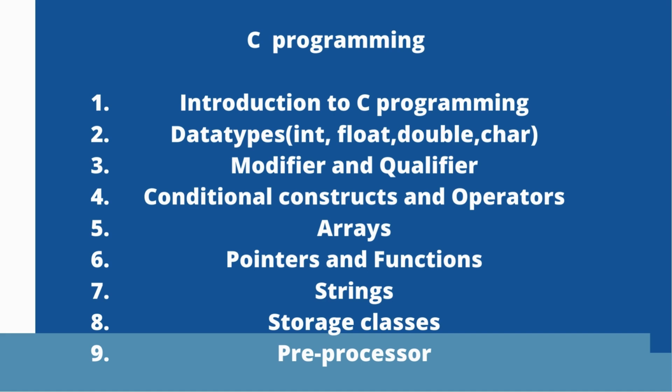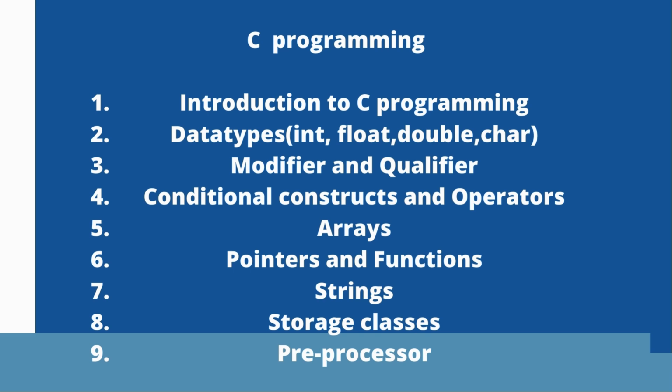We learned about conditional constructs and operators. Conditional constructs are used to execute code blocks based on certain conditions. For example, we learned about the if statement, else statement, if else, and also the switch statement for multiple conditions.